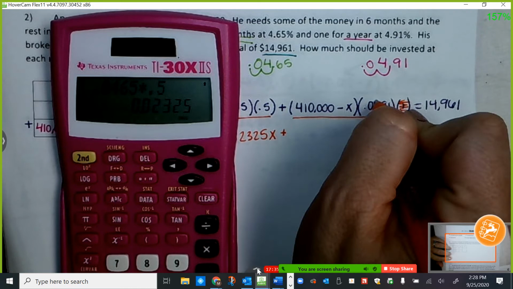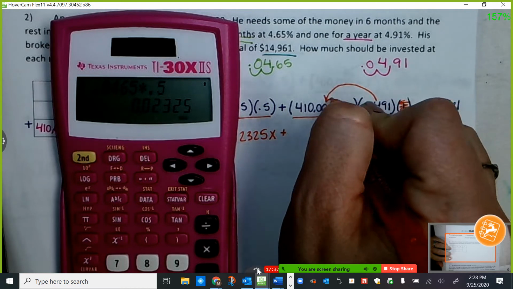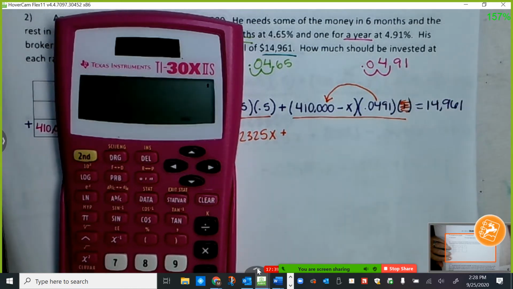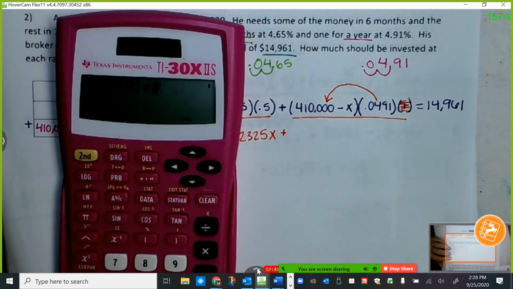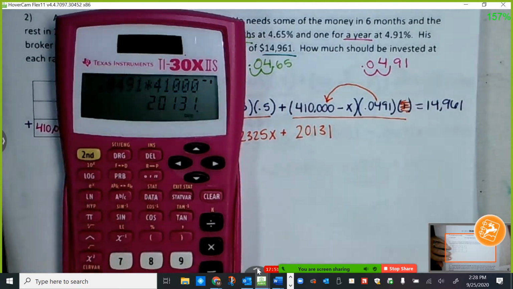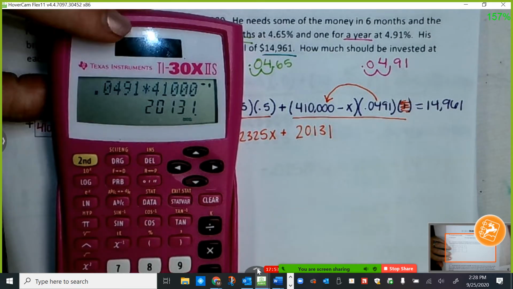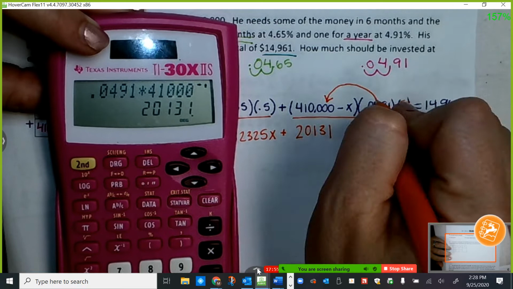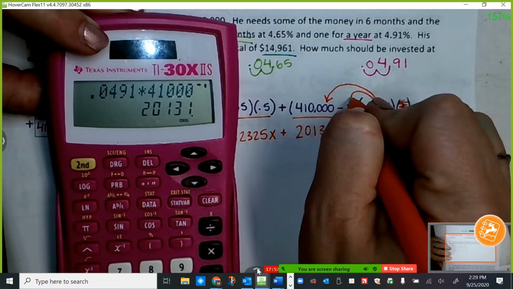And we're going to distribute. So 0.0491 times 410,000, and then 0.0491 times negative x.